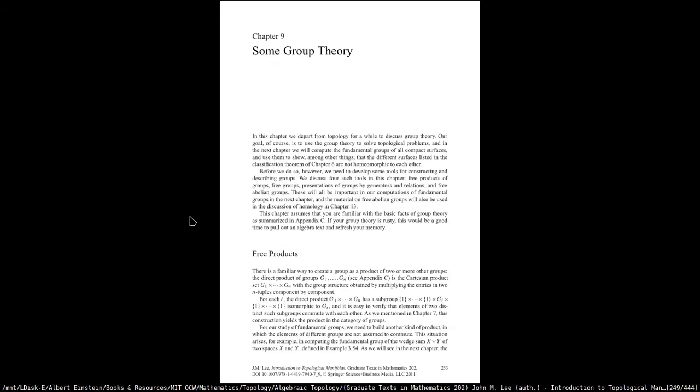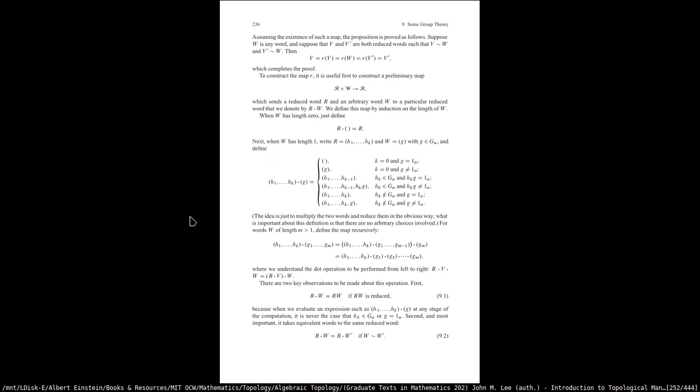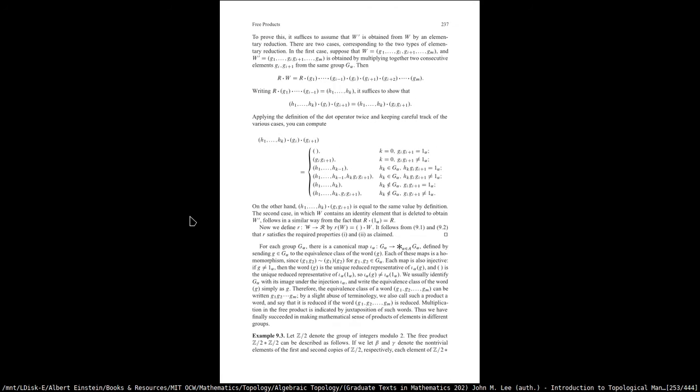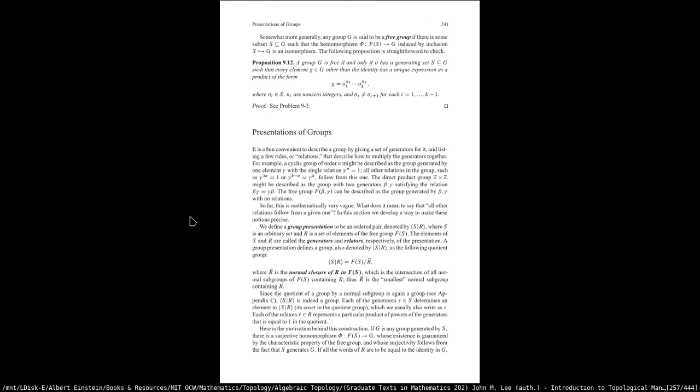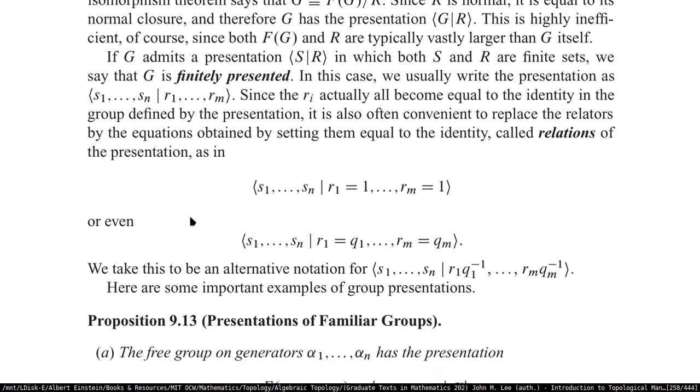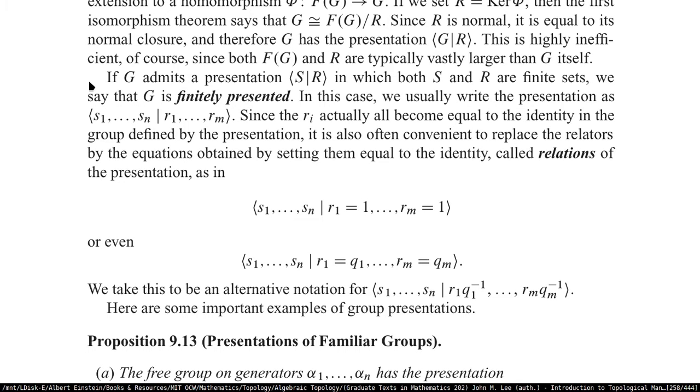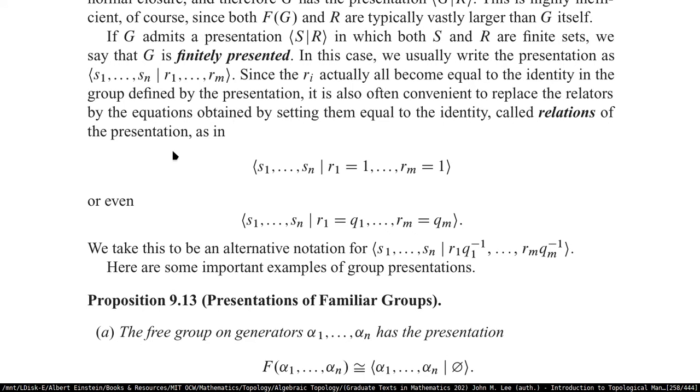One of the problems with describing groups using generators and relations is that it can be really, really hard to decide whether two presentations represent the same group. Here's the thing, right? There you go, generators and relations.